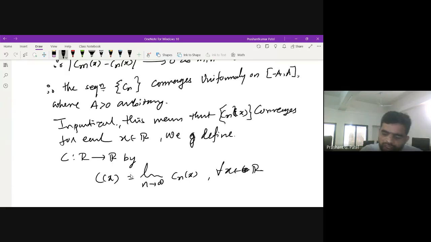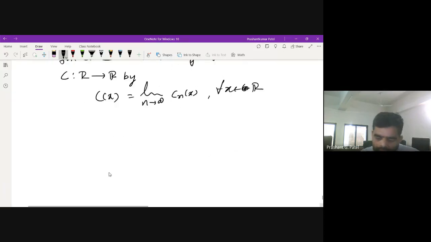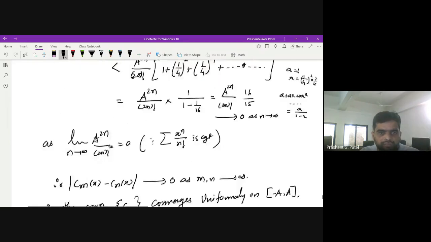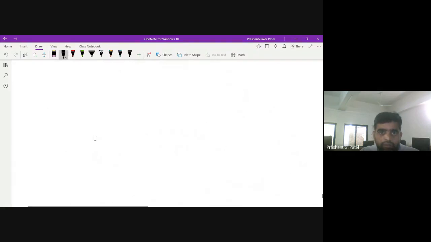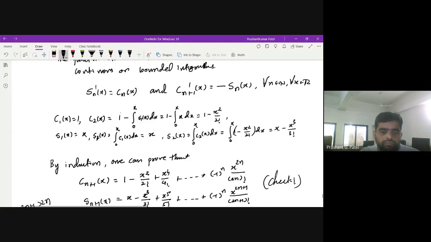And what is Cn of 0? Cn of 0 is 1 for all n belonging to N, because you can see that the value of Cn is 1 minus x square by factorial and so on. That is for C1.